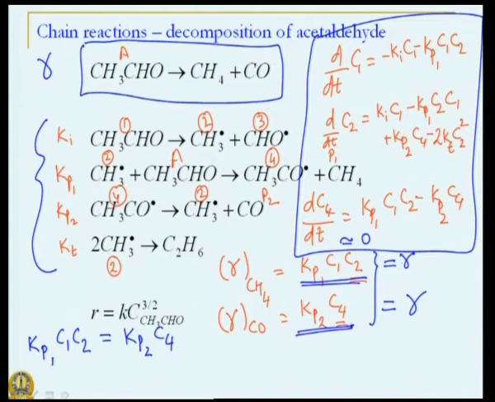Then we invoke the same assumption for the dC2/dt balance, or the balance for species 2, and you will notice that because of this quasi steady state approximation for species 4, the second term and the third term cancel each other, and we are left with Ki C1 equals 2 kT into C2 squared from this rate expression.